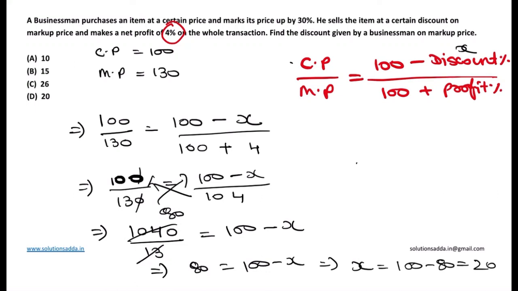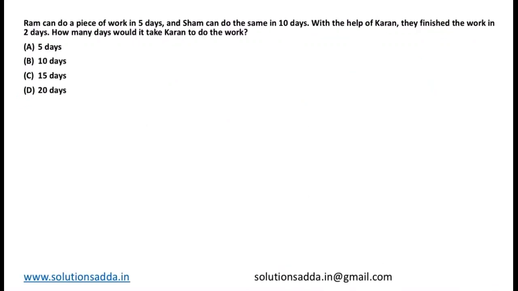Hence the discount percentage is 20. Therefore the correct option is option D, 20. Hence the 20% discount is given by the businessman on the markup price.